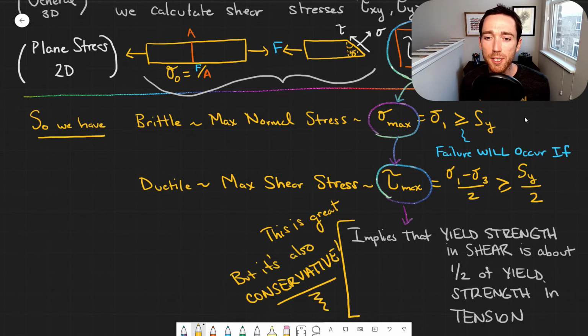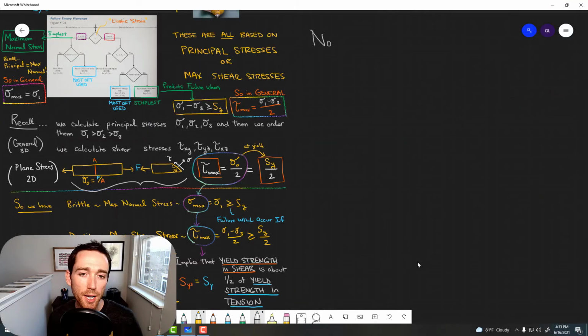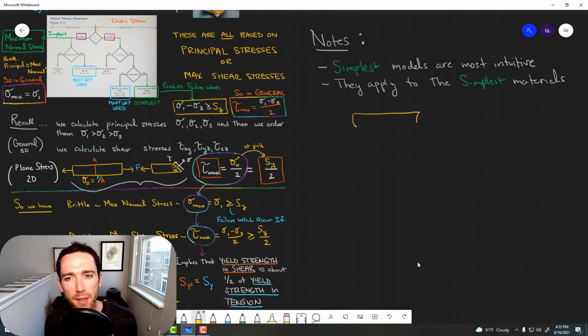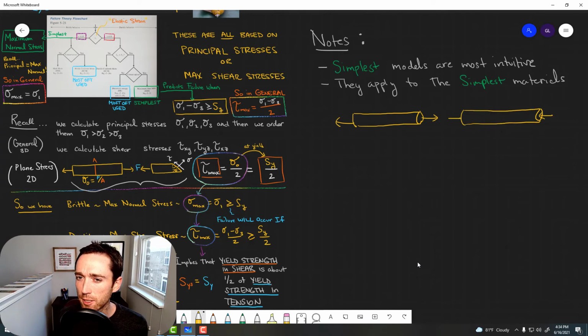But that's also very conservative because we're considering a plane stress thing. We're not considering 3D, and we're keeping it very simple. So these simple models are great because they're intuitive, but they don't necessarily apply to materials that might have different strengths in tension and compression.